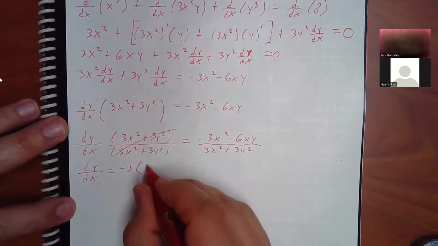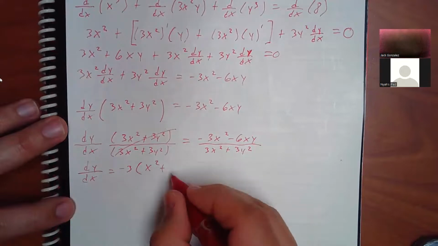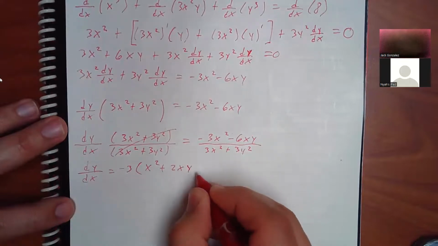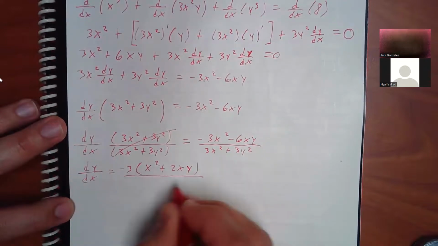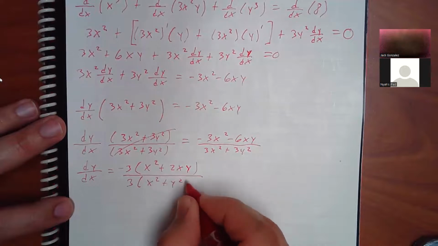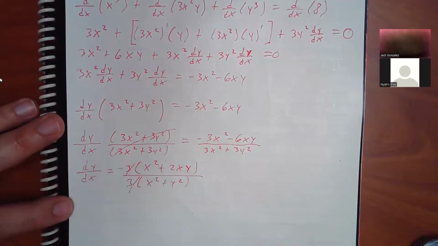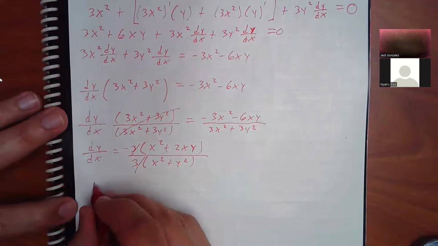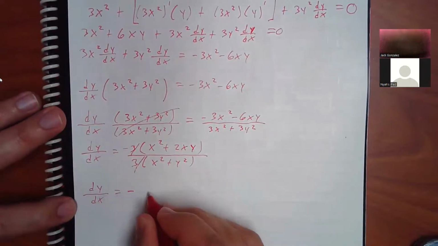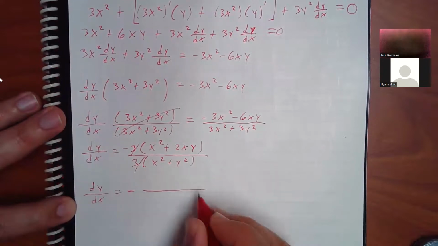We get x squared plus 2xy. Factor of 3, get x squared plus y squared. This is pretty enough for me.